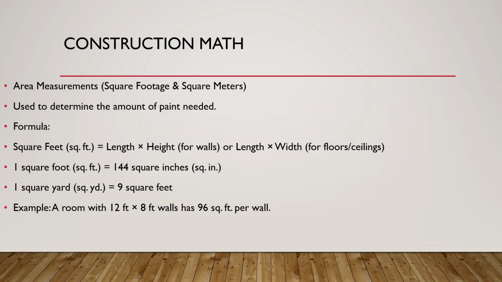Okay, and that'll equal 1 square foot. 1 square yard is 9 square feet. Okay, remember that. An example would also be a room with 12 foot by 8 foot walls has 96 square feet per wall.